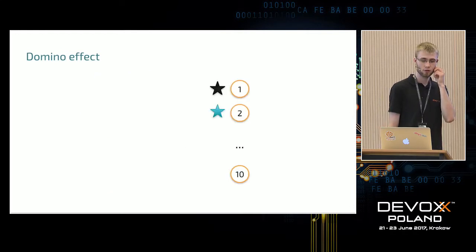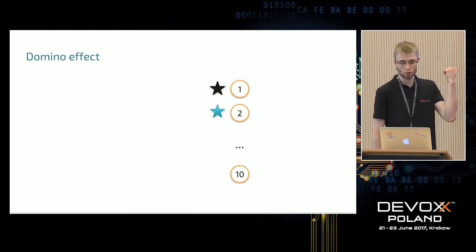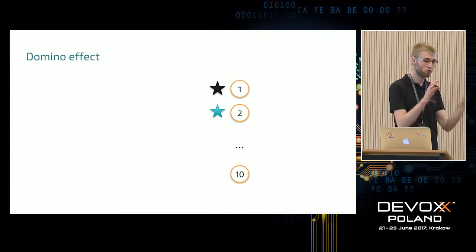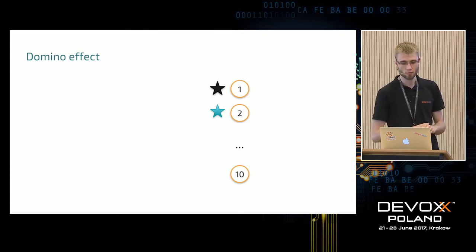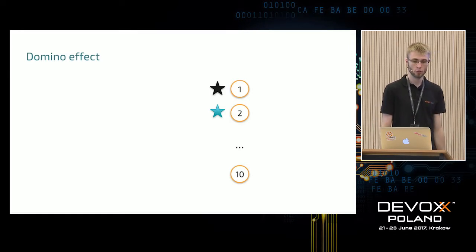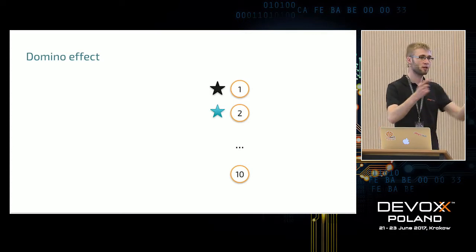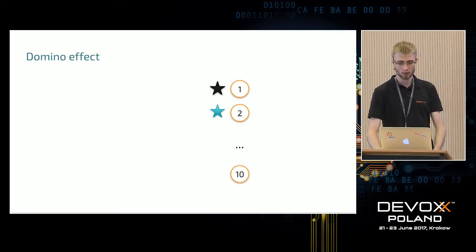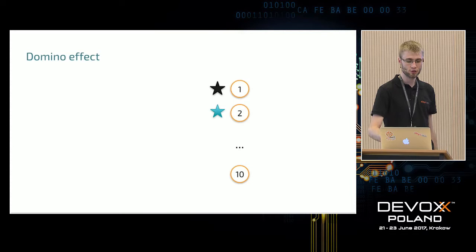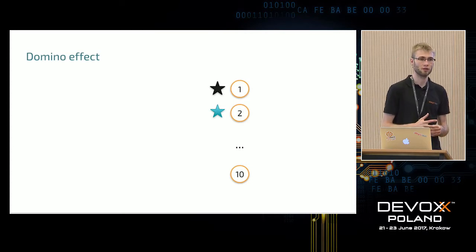So let's say this blue star is this unimportant task, and this black one is processing our offers, the important thing. In a normal situation, we have these tasks being executed on the same thread pool simultaneously, and it's not a problem. But let's say there is some issue with the blue task.